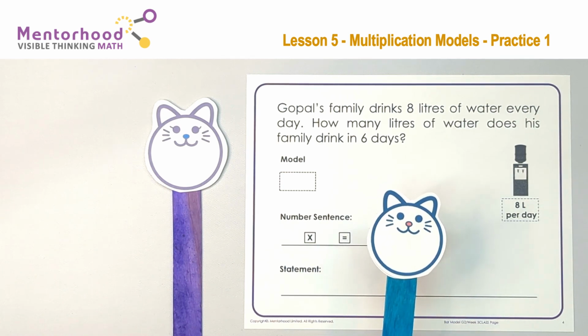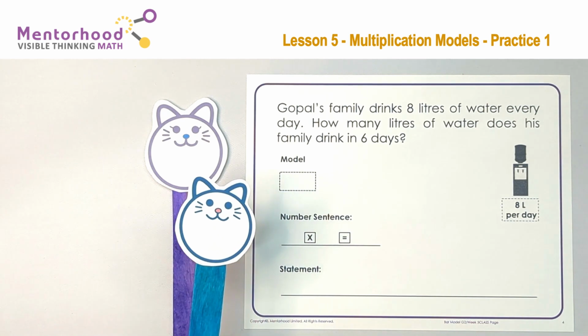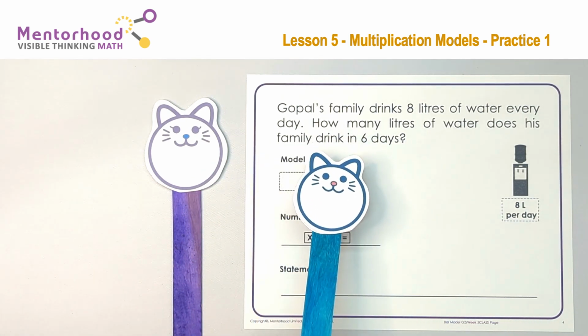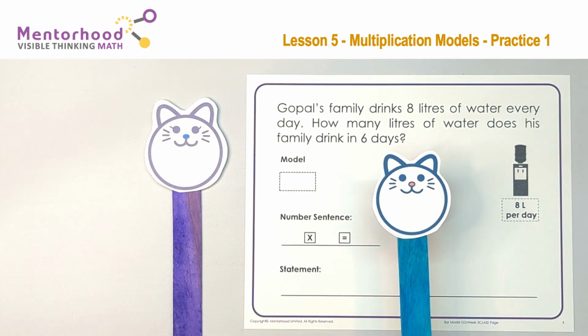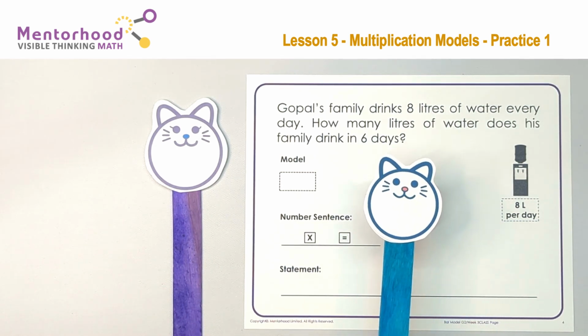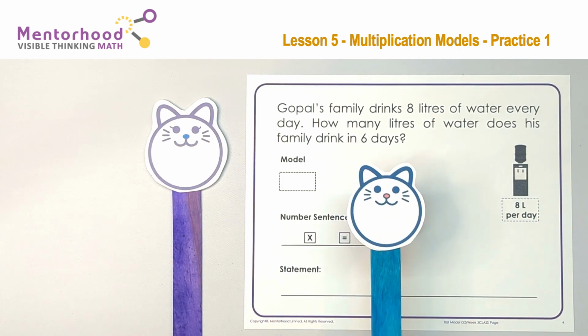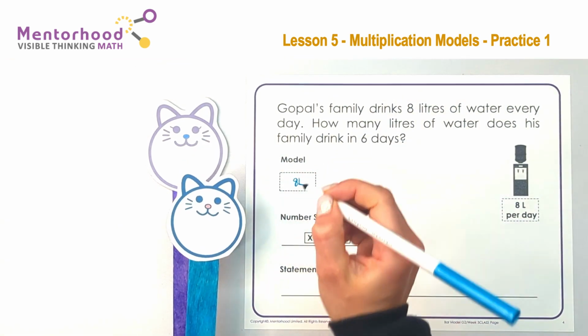Okay, this is very similar to the last question. Let's figure out how our model's going to go. So, we've got 6 days, and it's 8 liters each day. So what kind of groups do we need? We need groups of how many liters? We need groups of 8 liters.